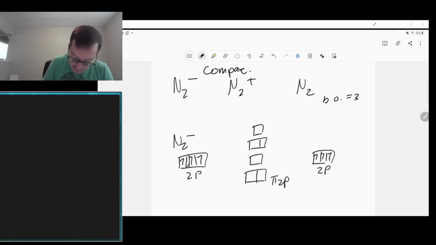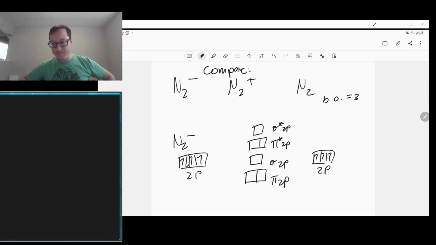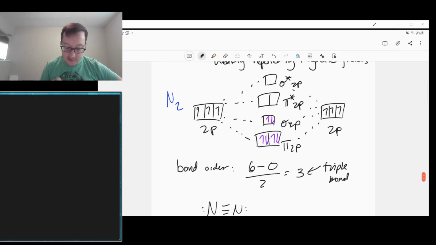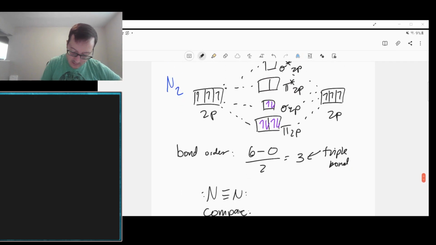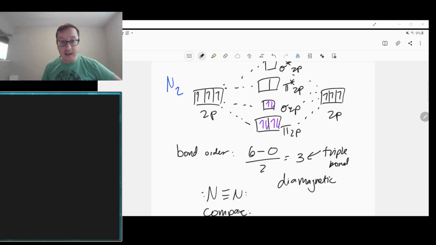Pi 2p, sigma 2p, pi star 2p, and sigma star 2p. And by the way, we would expect N2 to be diamagnetic. It's fully paired off in its molecular orbitals.